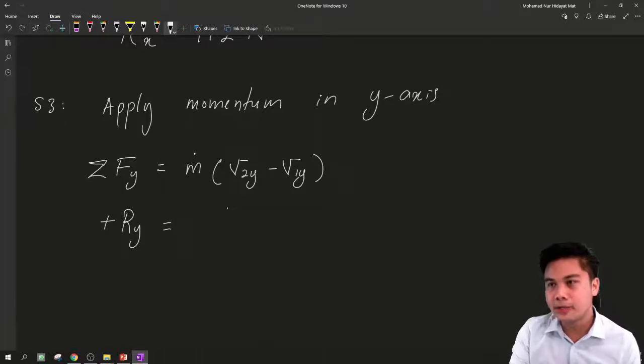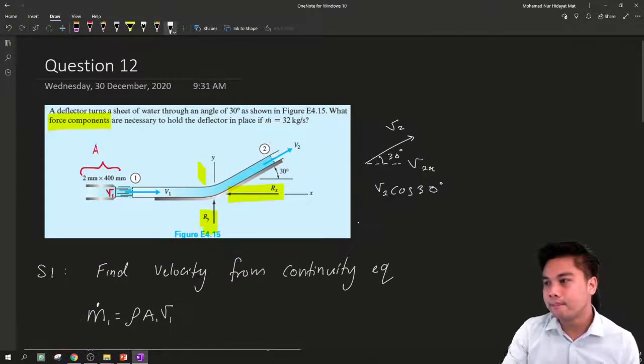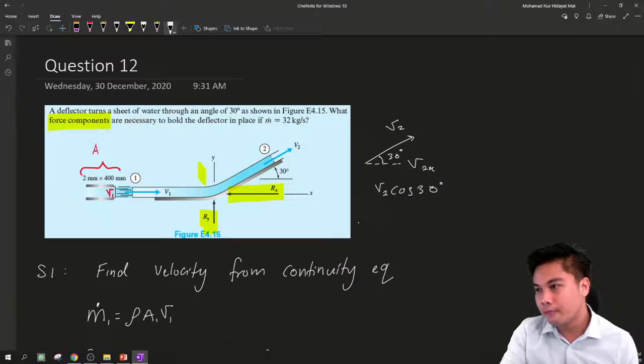This equals the mass flow rate, given here as 32, the same. The flow rate will not change. 32 times V2y. We notice that V2 is slanting, so definitely we have a Y component. How do we get V2y?